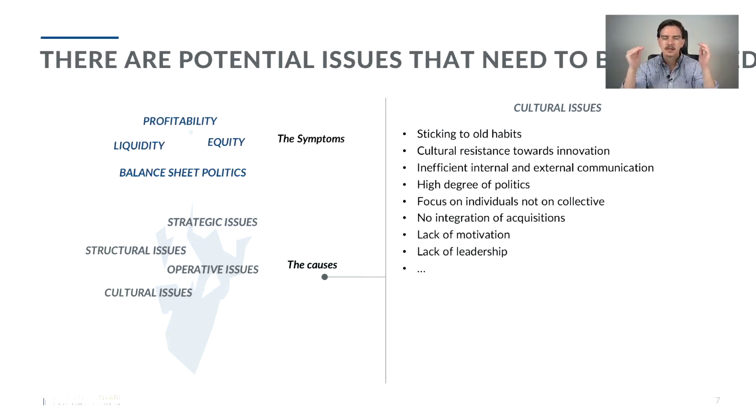This means that the strategy maybe is not properly communicated top down, or that departments do not communicate well among each other. Or even bottom-up communication doesn't work, so that the management doesn't really know about certain issues within the company. This can also happen, and those are obviously huge problems.